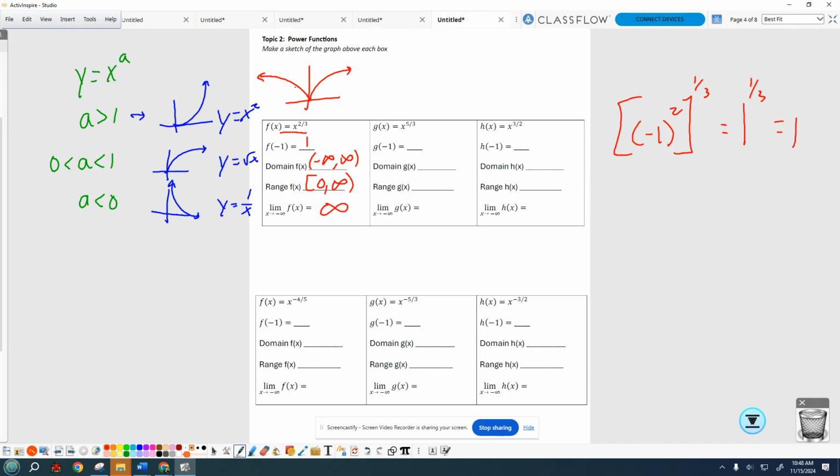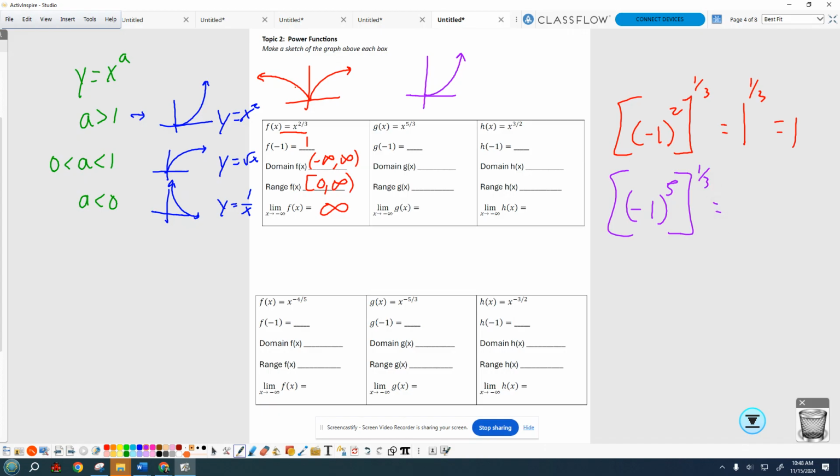Ciela, the one in the middle, x to the 5/3, is that exponent bigger than 1, so it's gonna look like this, between 0 and 1, so it's gonna look like the square root, or less than 0? Greater than 1, so in quadrant 1, it looks kinda like that. Okay, so Jack, we're gonna plug in -1 to the 5th, and then do to the 1/3.